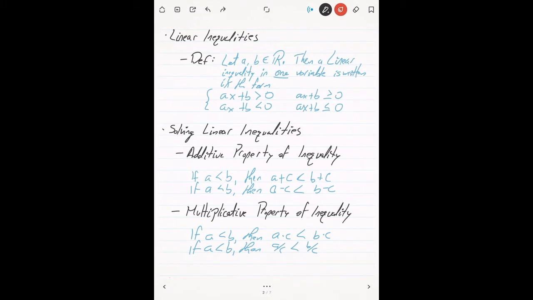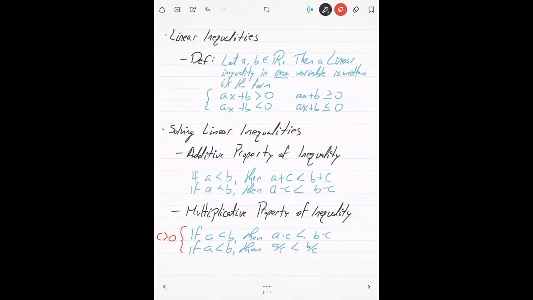You can multiply and divide whatever you want to both sides, and you remain with the same inequality sign. This only works if C is a positive number. If you multiply or divide both sides by a positive number, you remain with the same inequality sign.